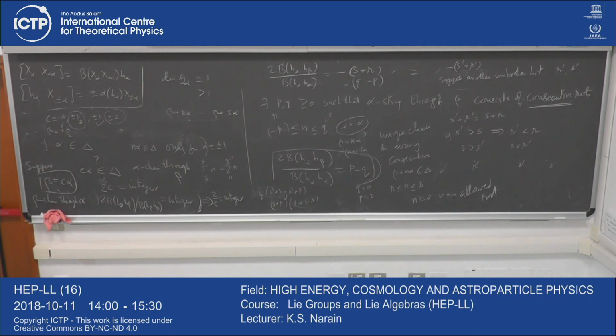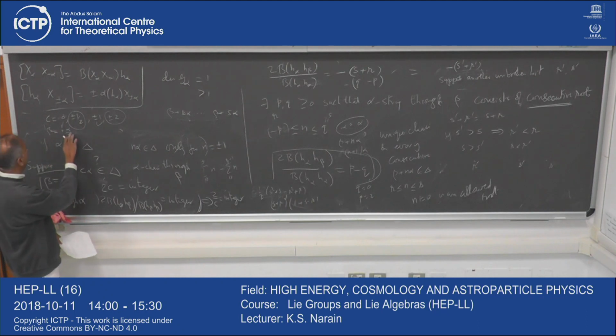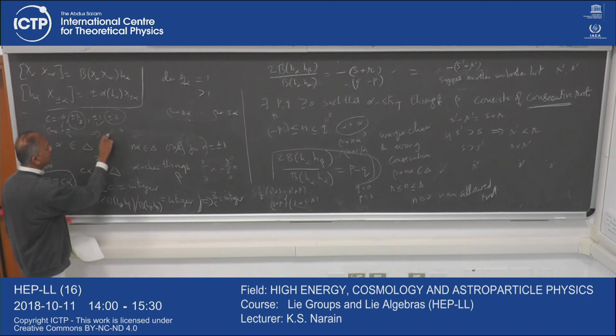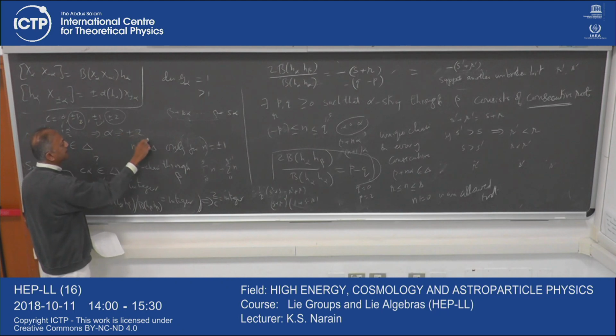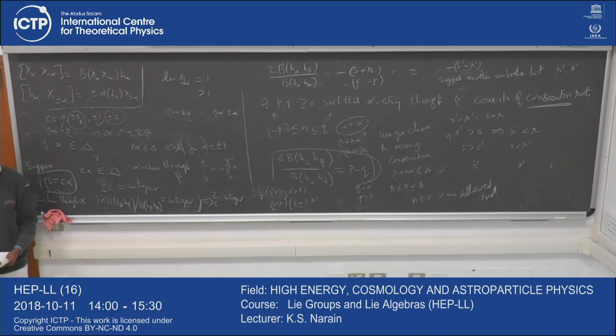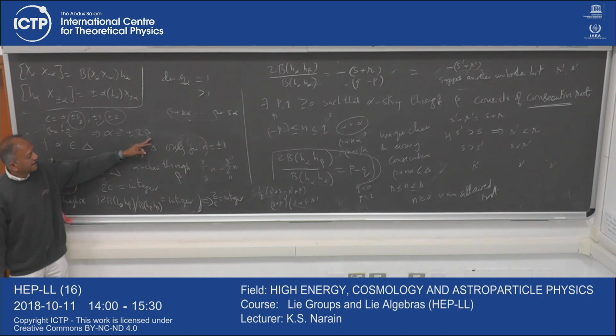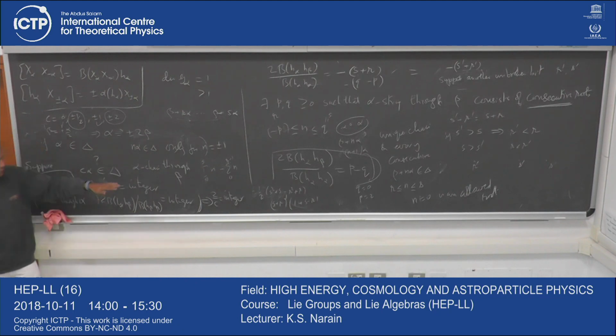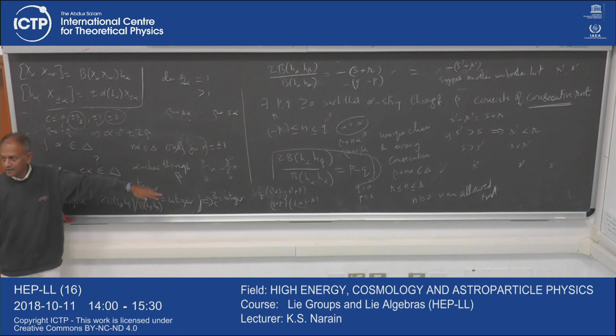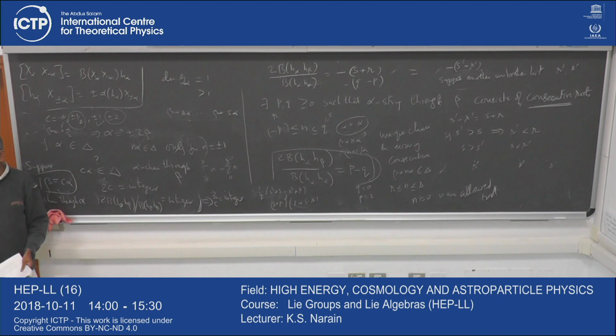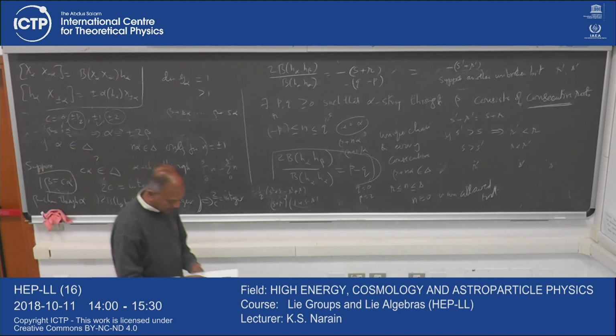But then this would imply that alpha is equal to plus minus 2 beta, just multiply by 2. But that's not possible because we said if beta is a root, 2 beta cannot be a root. So this is not possible. So this proves that it cannot be any number times alpha, apart from plus or minus 1. That's it. So that's a result.